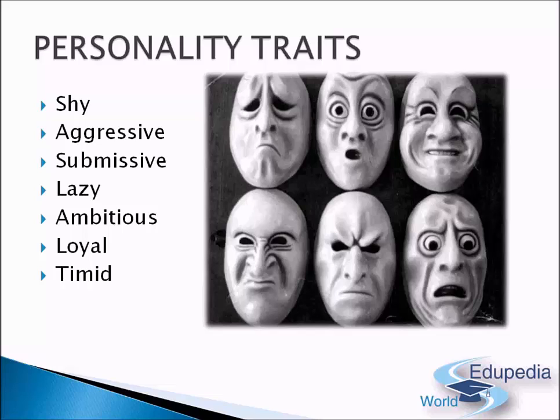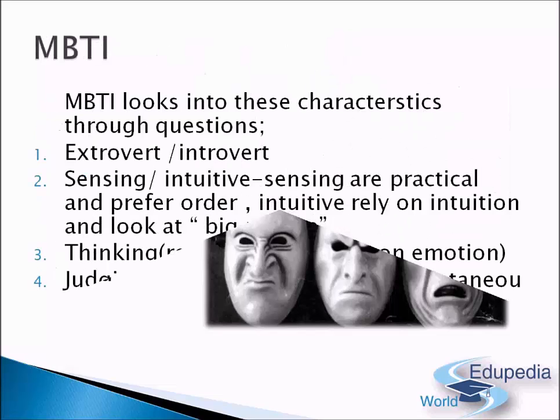There are people who are aggressive, submissive, lazy, ambitious, loyal, timid. So these are the traits we are commonly seeing. Why am I talking about traits? Because when we enter into trait theory, or the five big personality traits, we must understand what a trait is. So these are some examples of personality traits.